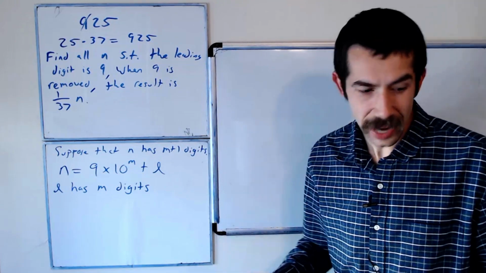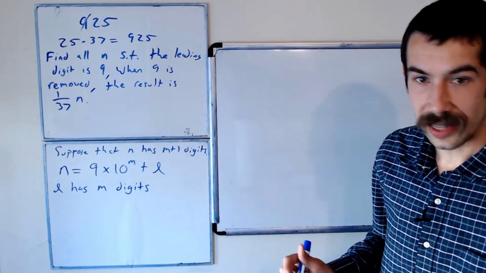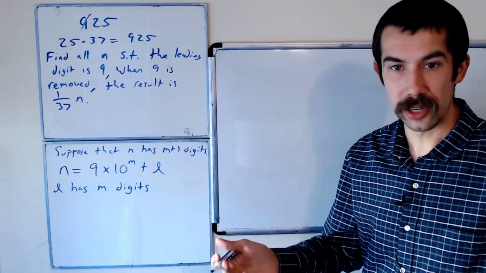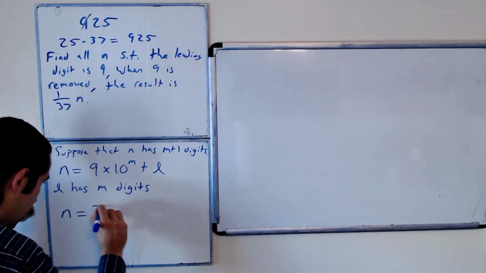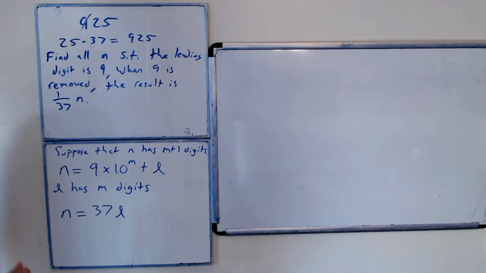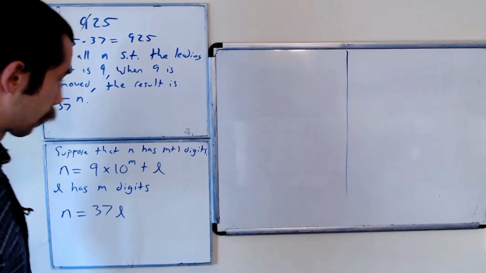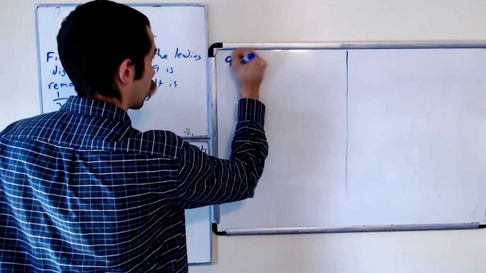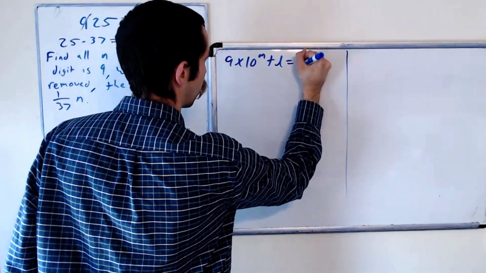Okay, and we want to satisfy this second condition. It says that L times 37 gives us n, or another way to write that is n equals 37L. Well, we know n is 9 times 10 to the m plus L, and that's equal to 37L.